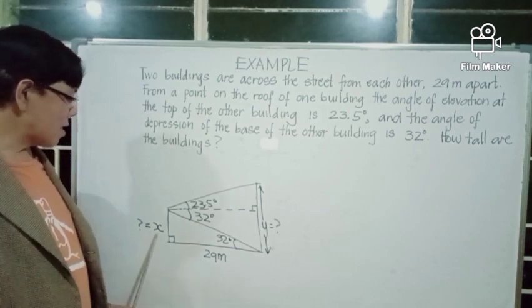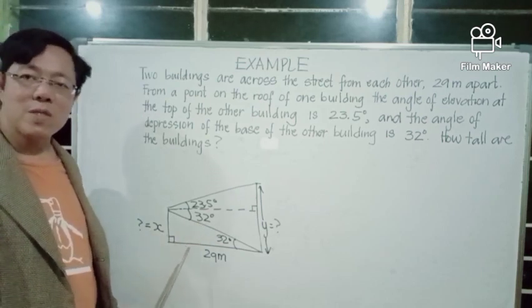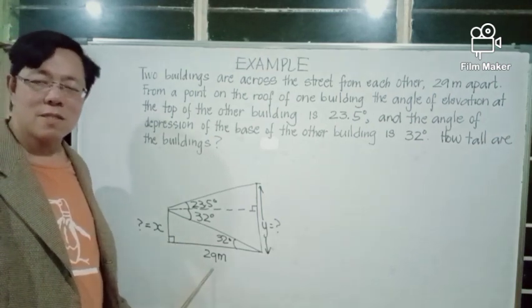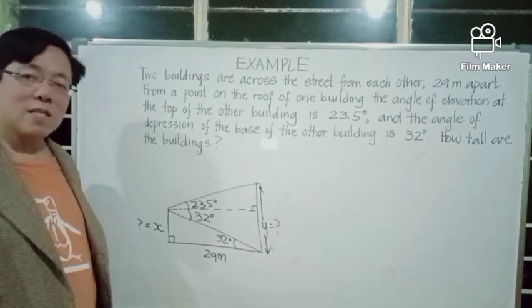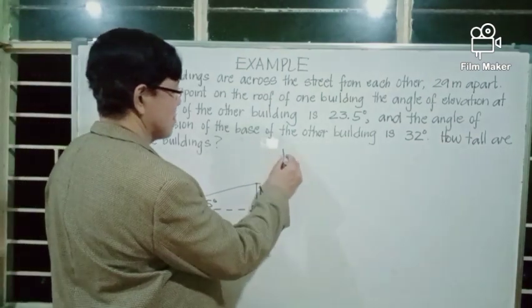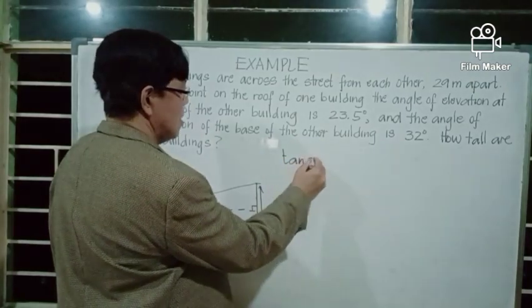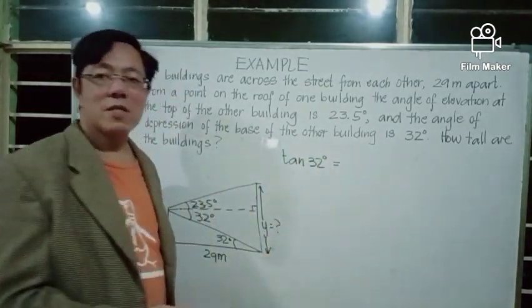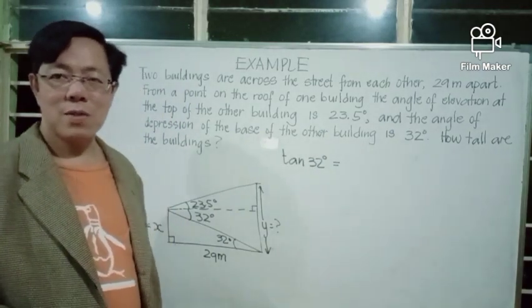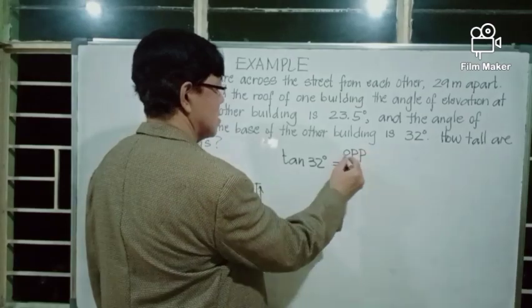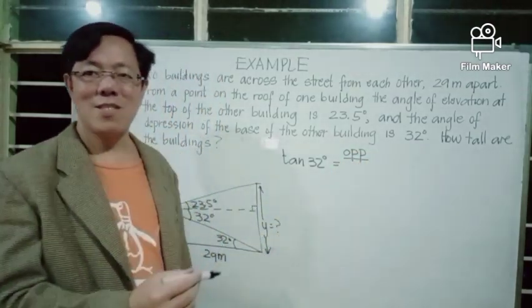Therefore, to find x, we use the trigonometric function that involves opposite and adjacent sides. And that's tangent of 32 degrees. Tangent of an acute angle is equal to the ratio of the opposite to the adjacent side.